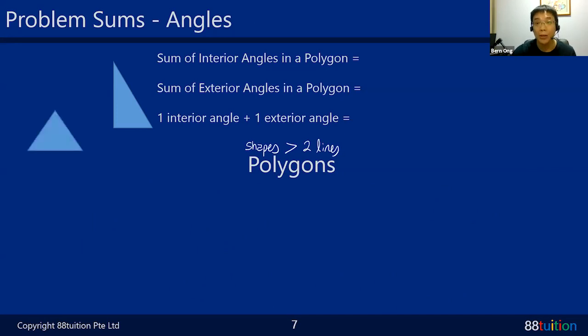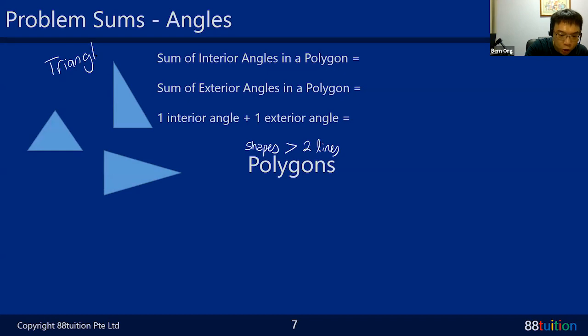This one? Triangle. This one? Triangle. So all these are considered triangles. You mean triangles are polygons? Yes. The meaning of polygon is a shape with more than two lines. A triangle has three lines, so that makes it a polygon.